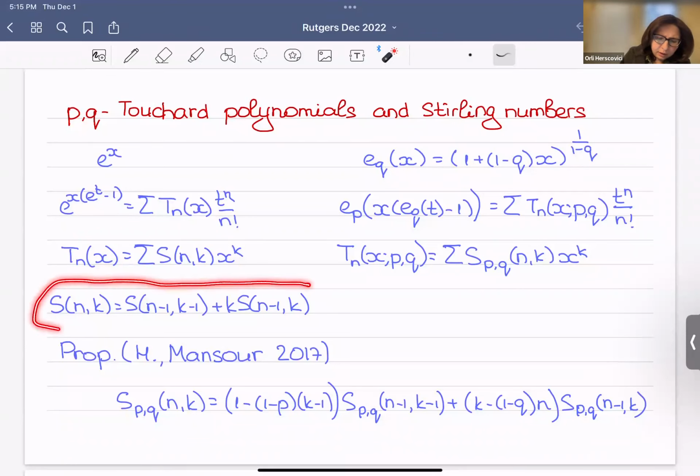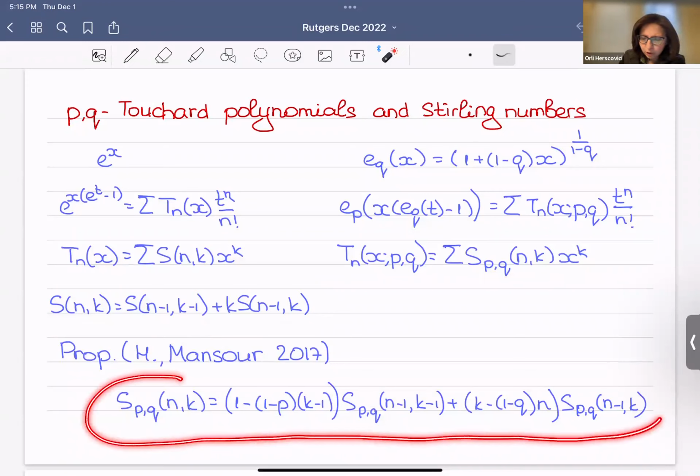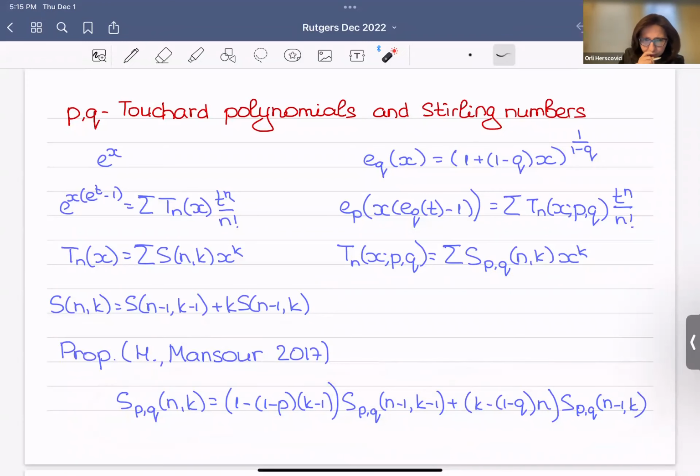Again, this is the classical recurrence relation for Stirling numbers. And in a joint work with Tawfiq Mansour in 2017, we proved that the coefficients S_{p,q}(n,k) satisfy the following recurrence relation. So here we can see, as we said, for the exponential function itself, the parameter never takes value 1.